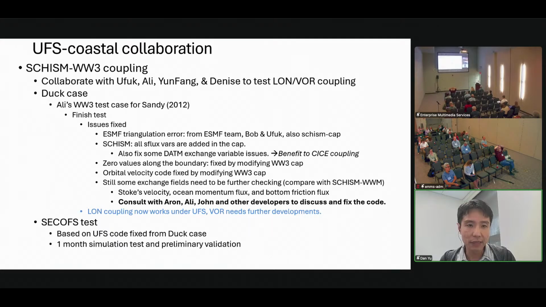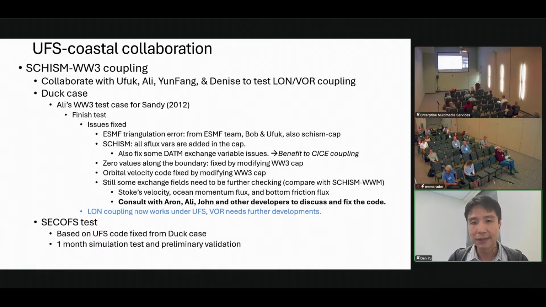In the meantime, the original SCHISM cap only delivered the air pressure and wind speed. Right now, after this development, all the surface forcing flux variables have been added into the cap. And we found some issues when we added to this cap.